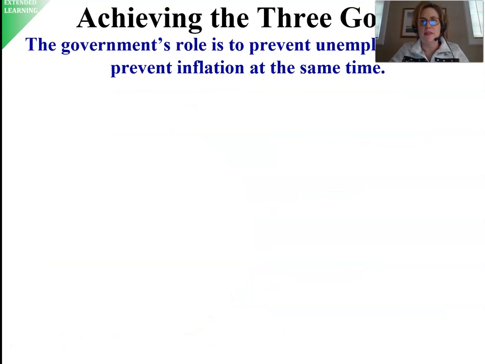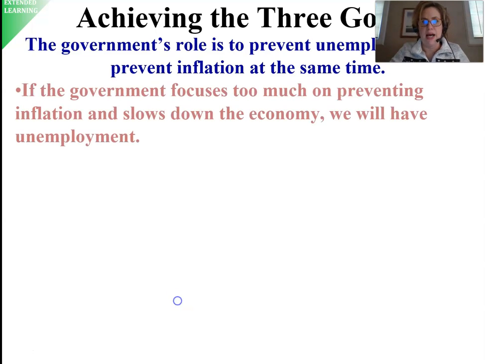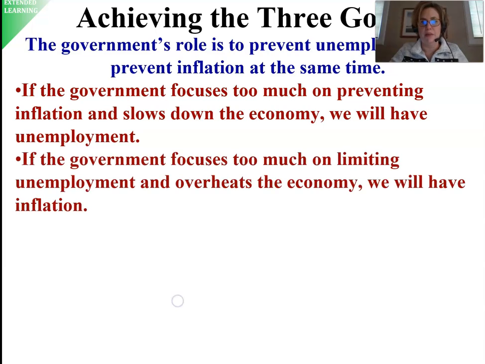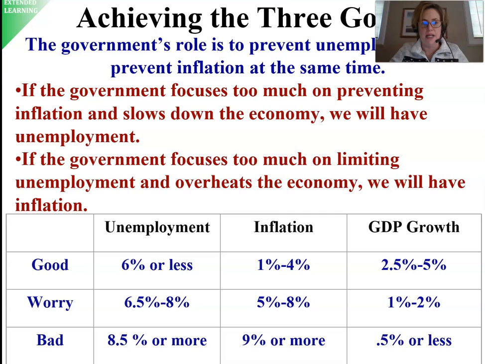The government's role is to prevent unemployment and prevent inflation happening at the same time. So if the government focuses too much on preventing inflation and slows the economy down, we're going to have unemployment. And if the government focuses too much on limiting unemployment and the economy begins to overheat, we'll have inflation. So if unemployment is 6% or less, that's good. 1 to 4% inflation would be good, and 2.5 to 5% GDP growth would be good.